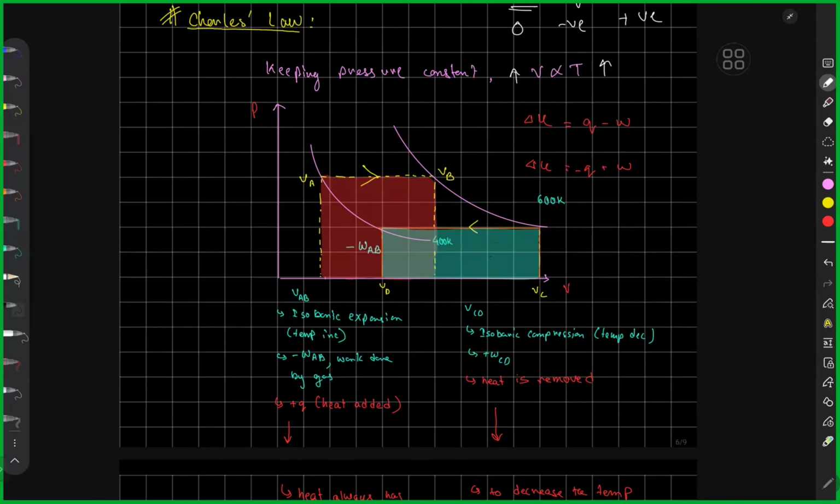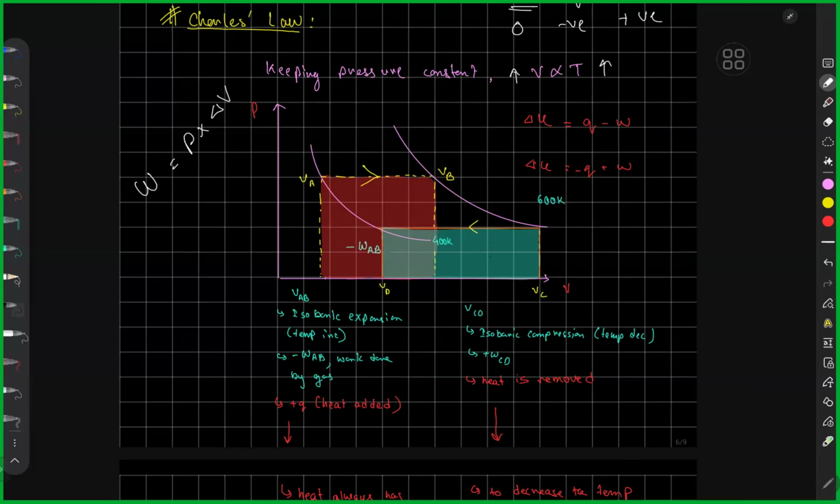By the way, can we use work done is equals to P times del V over here? Yes or no? Simple yes or no. You can write yes or tell me yes. Can I use work done is equals to pressure times change in volume to find the work done over here? That is work done on the gas or by the gas.